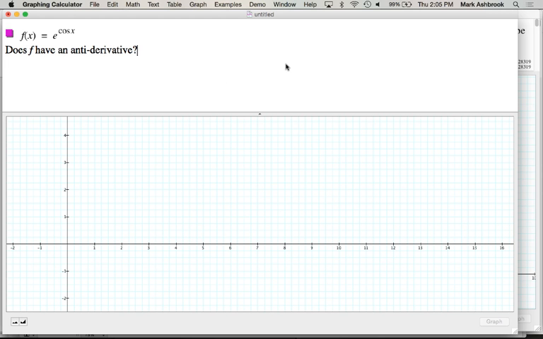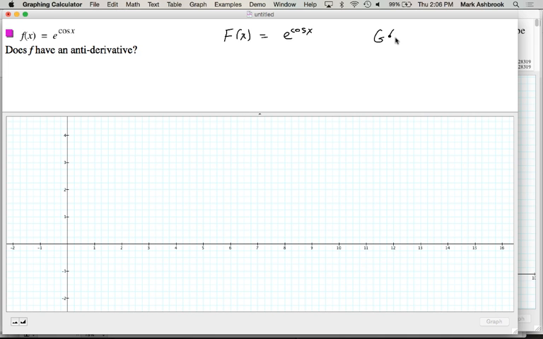So test it. Whatever you think the antiderivative is, test out your conjecture. So I heard a couple of possibilities. I heard e to the cosine x as one possibility.